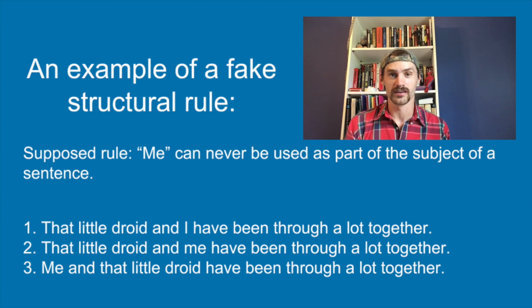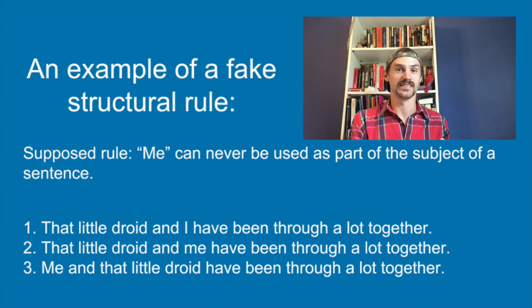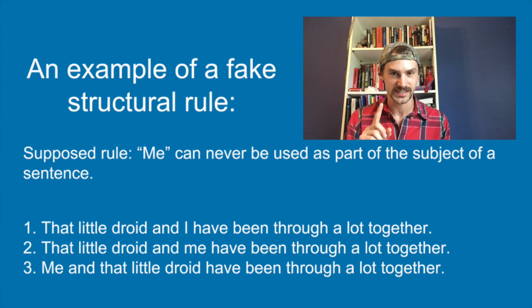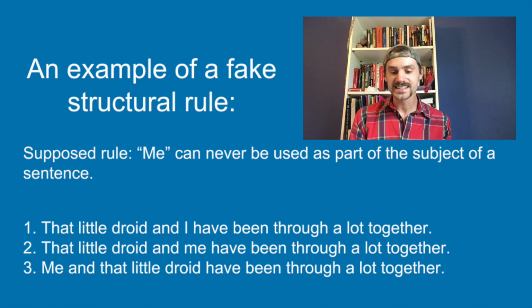Most of us are aware of the quote-unquote rule that says me cannot be in the subject of a sentence. This means that given the 3 example sentences below, only number 1 can be considered a grammatical sentence. Of course, we constantly hear people using sentences like number 2 and number 3, which means as far as linguists are concerned, these are both perfectly grammatical sentences, and they're not breaking any structural rules.